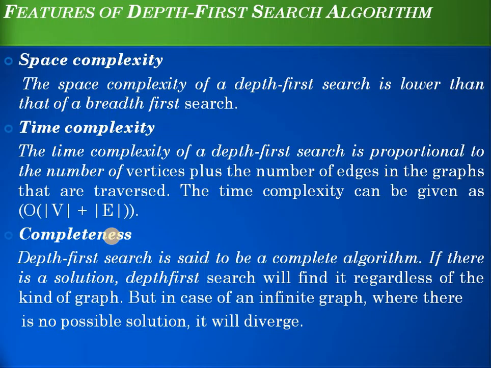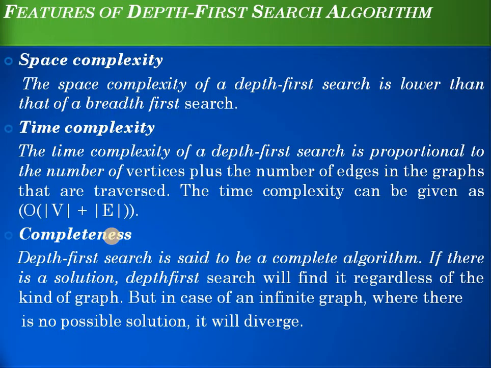Then completeness. Here we are saying depth first search is not complete, because if looping occurs and we are not able to fix the loop, then we are not able to visit all the nodes, so in that case it is not complete.